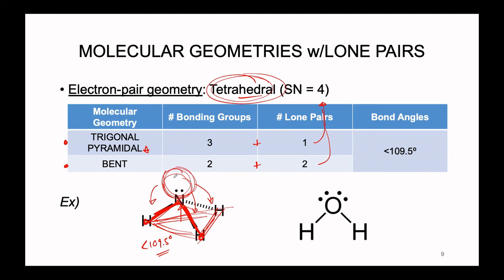All right, in our water case, we can see that we have two bonds and two lone pairs in much the same description as our NH3 here. The lone pairs are going to push down on the bonds between the oxygen and the hydrogen. This is going to contract our bonding angle from hydrogen to hydrogen, also to be a little bit less than 109.5 degrees.